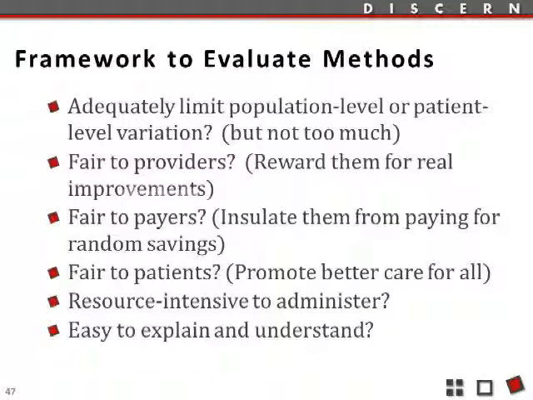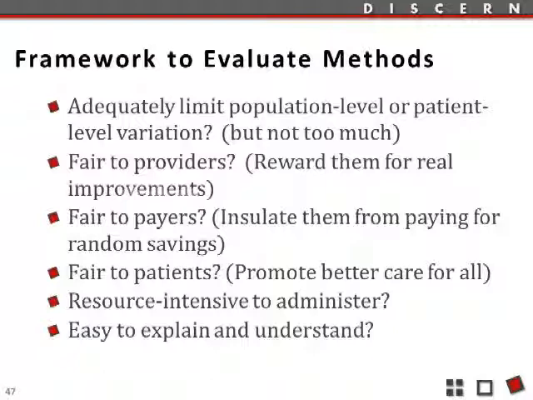But, and this is in the parenthetical here, not too much, right? Throughout these program implementations, the key is to strike the right balance. If you constrain population variation or patient level variation too much, you're going to exclude a lot of real improvements or a lot of real opportunities to drive savings. However, if you don't do anything, you're going to expose yourself to a lot of random variation.